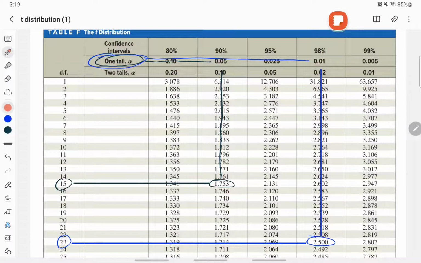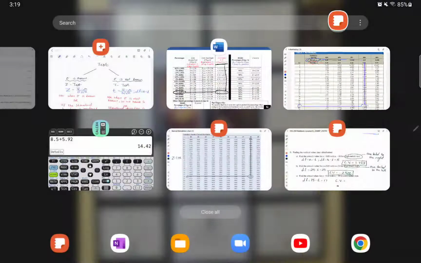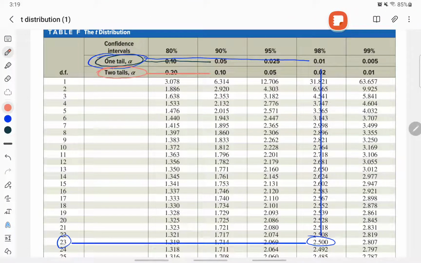So now I'm going to do it in red. This is a two-tailed alpha. Critical value 0.10. Move this out the way. And my degrees of freedom is going to be 17. Let me double check to make sure that's correct. Degrees of freedom is 17.